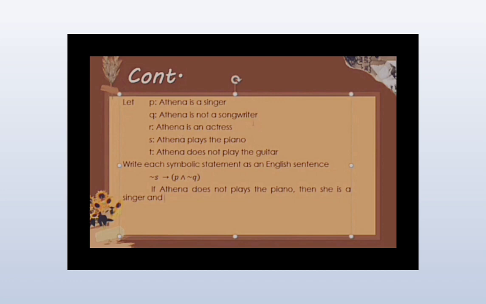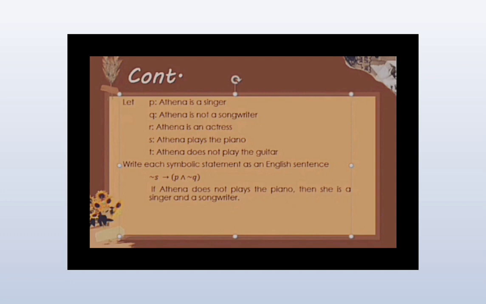Since it is a negation of Q, or not Q, therefore, the statement will be a songwriter. So, the statement for this symbolic form is, if Athena does not play the piano, then she is a singer and a songwriter. Alright?